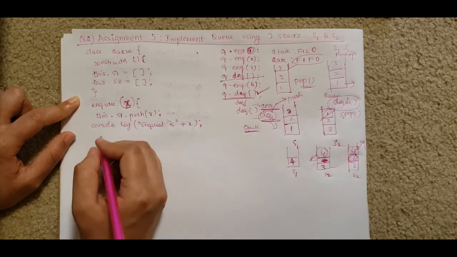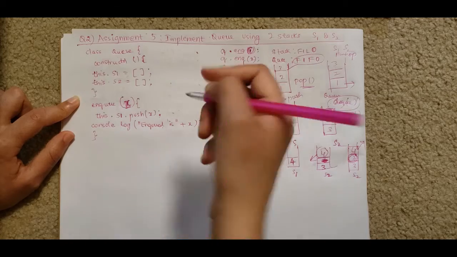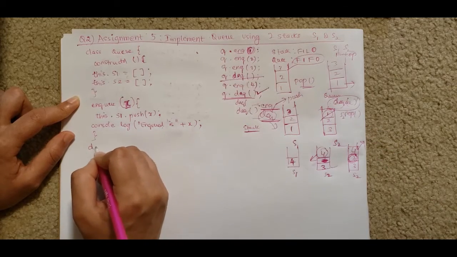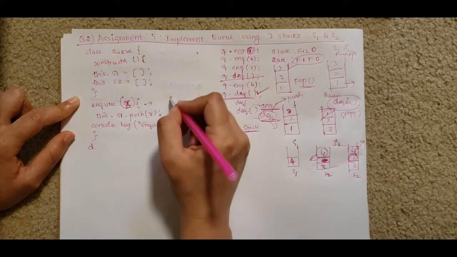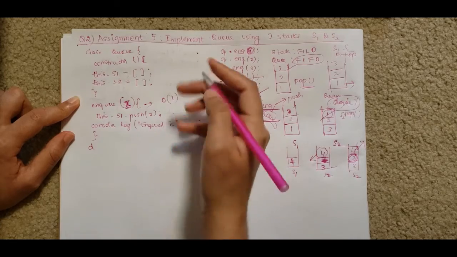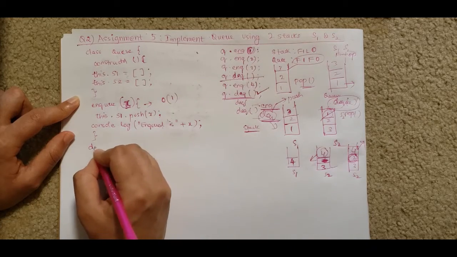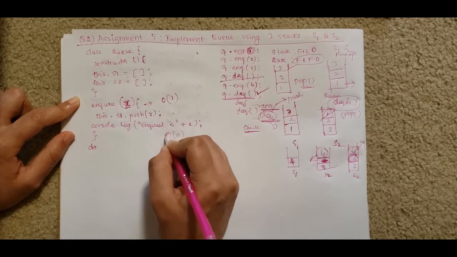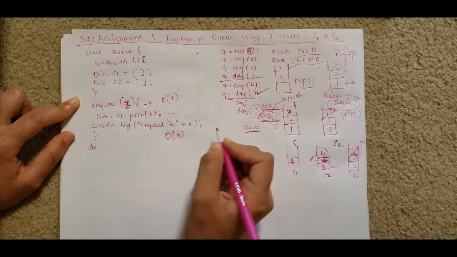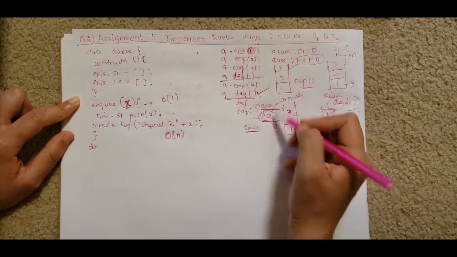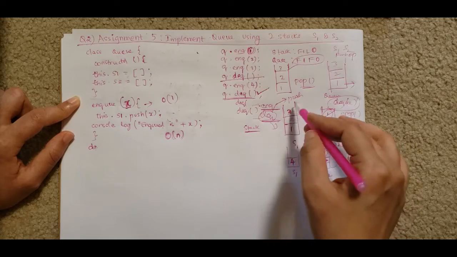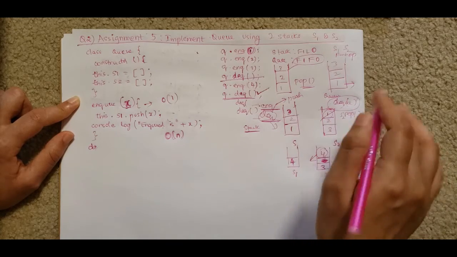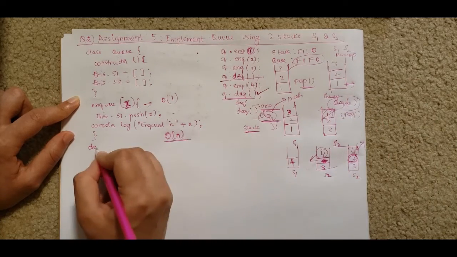Okay, next we'll define dequeue. For enqueue, the runtime is O of 1, we are just pushing. For dequeue, it is O of n, because in the worst case, if S1 already has some elements, then we have to move all the elements from here to here in a loop. So O of n.